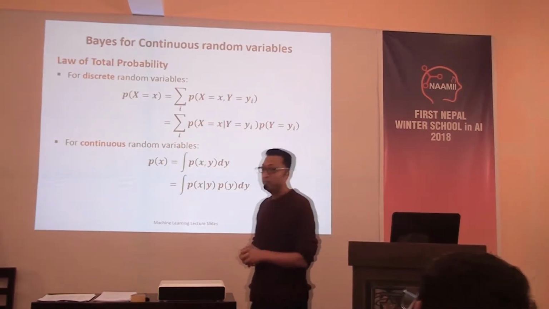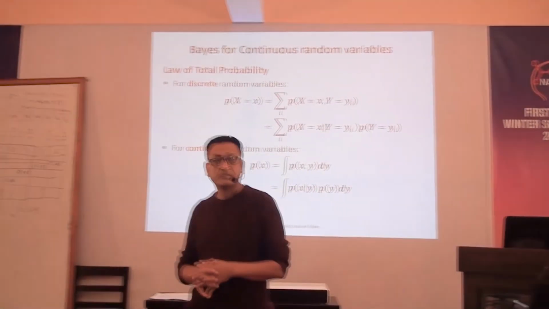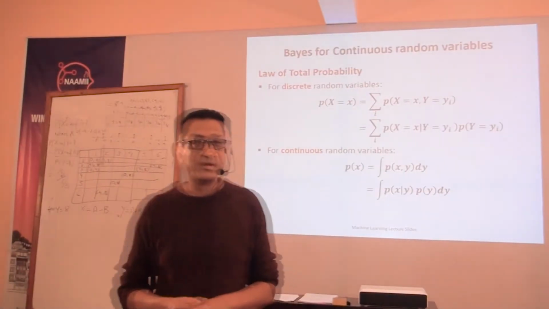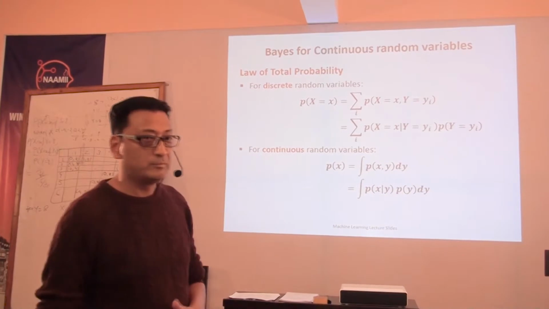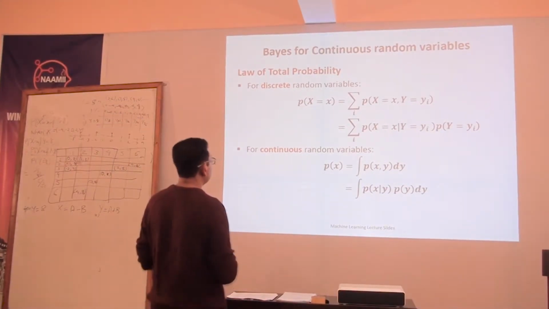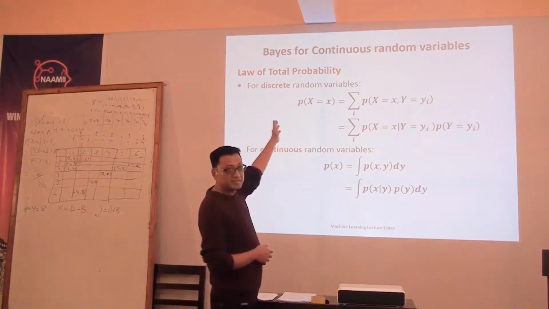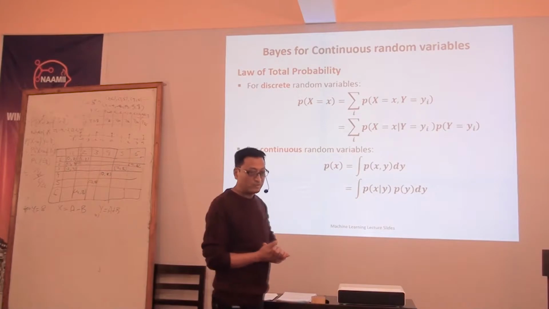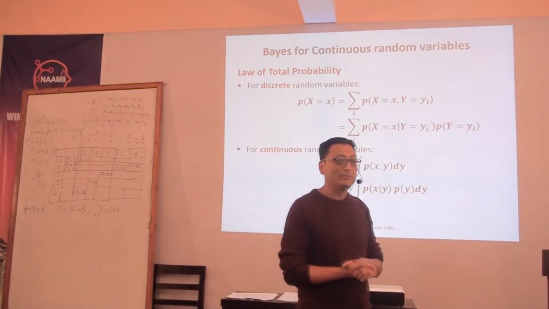Now, before moving on to Bayes' theorem for continuous distributions, we should talk about the law of total probability. Again, the same thing. This is also known as marginalization. You can think of marginalization as variable elimination.